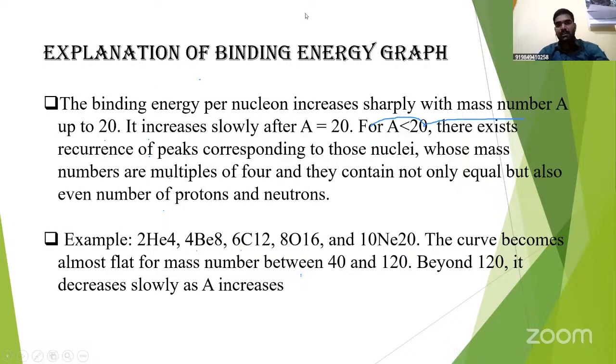The binding energy per nucleon increases sharply with mass number A up to 20.